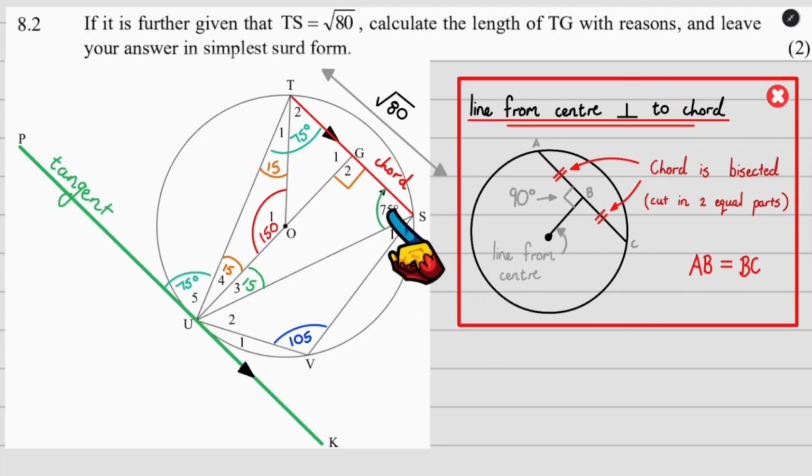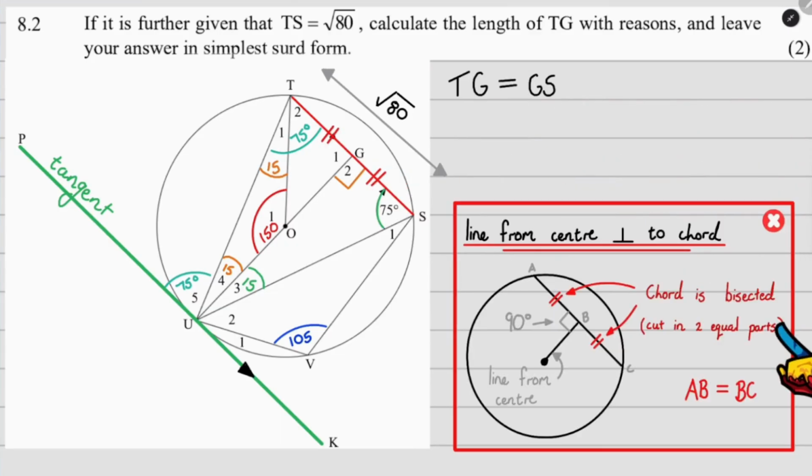So if we apply that here, we have our line from the center over there. It's at a 90-degree angle to my chord, so I know it's going to cut the chord exactly in half. So the length of TG is the same as the length of GS. And now to express that in my work, I say TG equals GS, and then this is my reason. Line from center perpendicular to chord.